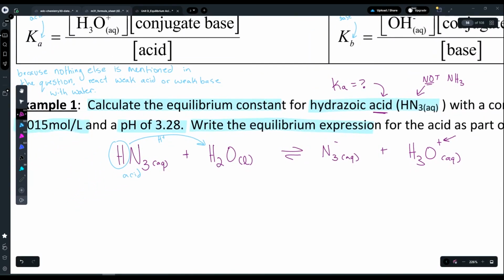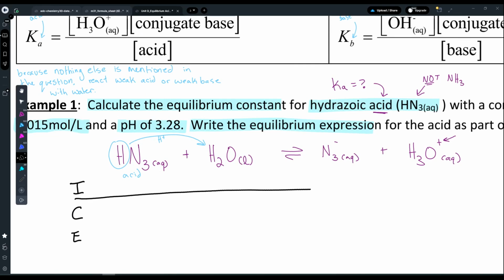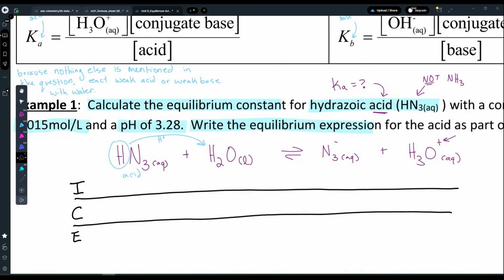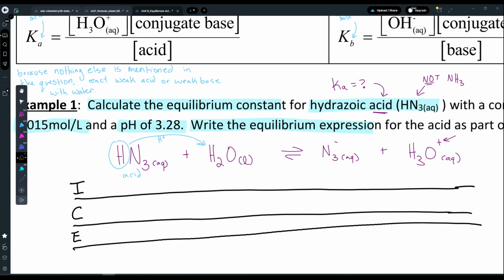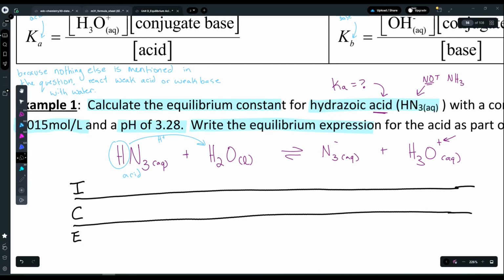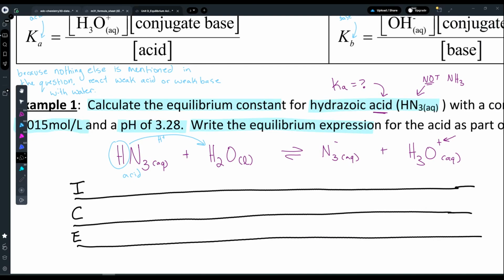Now let's draw out our ICE table. I'm going to draw a thicker line underneath the equilibrium arrow just so I can separate my reactants from my products here.